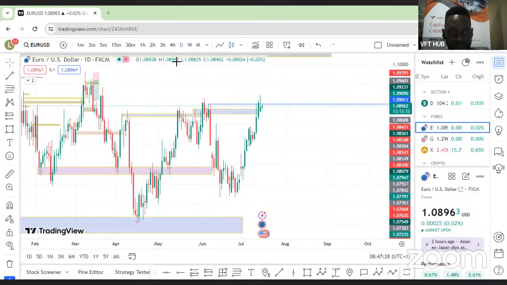Can you see now? All right, so this is the shoulder. This is the sweep, and we've seen the break. But right now, price already violated this particular one because you see the wick trade above this level.